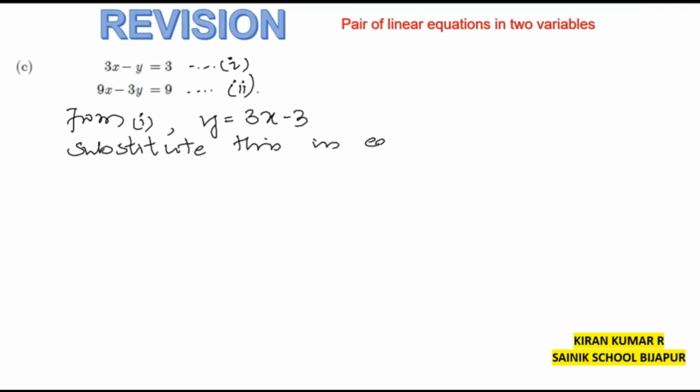In equation 2, we get 9x minus 3 times (3x minus 3), which is equal to 9.